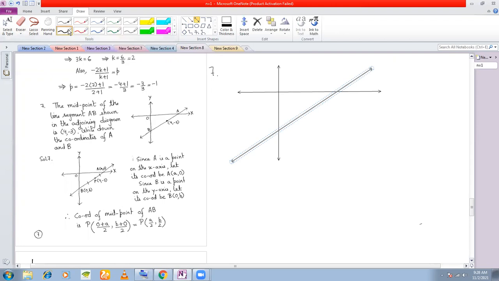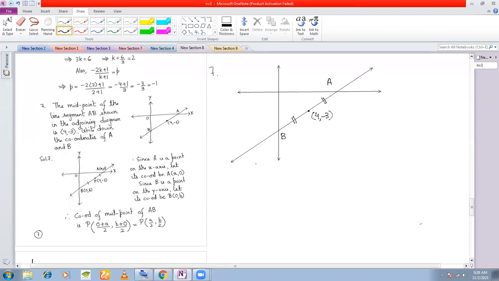This is the figure that is given to you, in which you have the point A here and you have the point B here. And the midpoint of this segment AB is given to you as (4, -3).